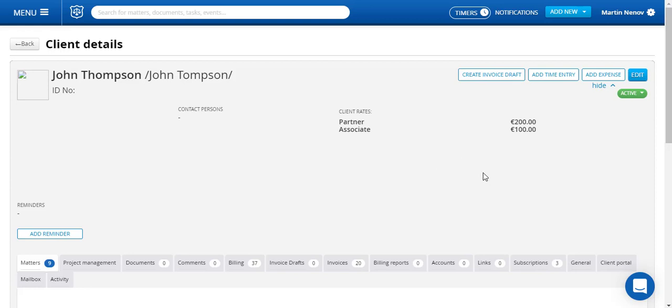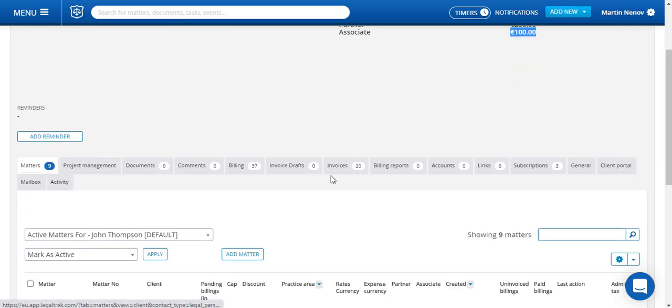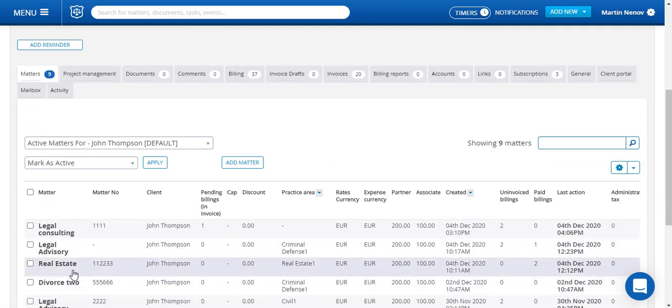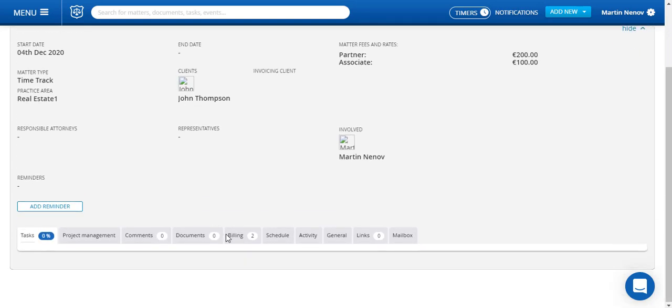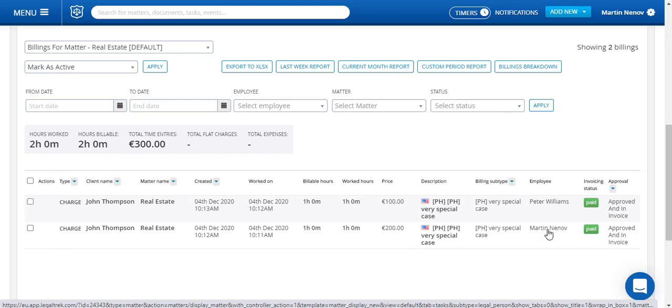We see that we have a client where the partner bills €200 and the associate bills €100. In this matter, we have two billings, one from the partner that has billed 200 in 1 hour and one from the associate that has billed 100 in 1 hour.